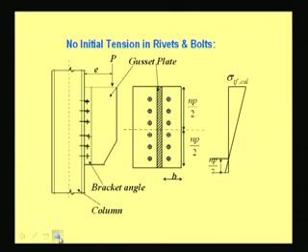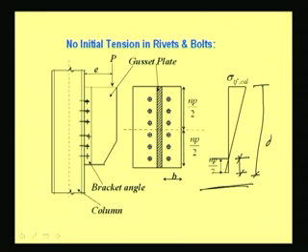From this we can draw the stress diagram like this. Our main assumption is that the neutral axis is around 1/7 of the total depth. If this is d, then d by 7. The total depth is NP, so NP by 7 is the neutral axis depth.